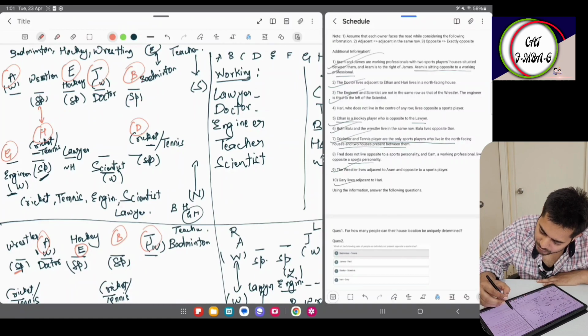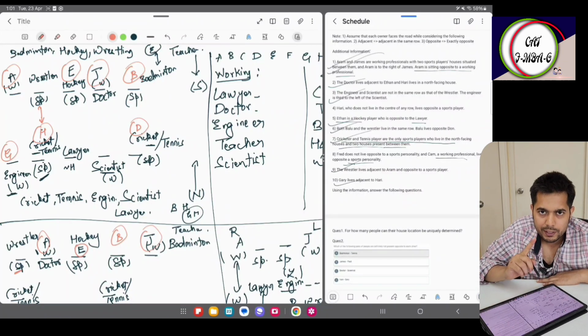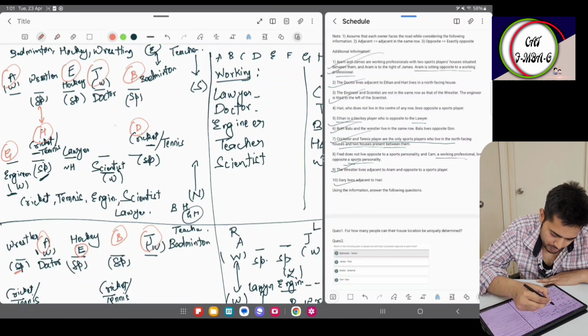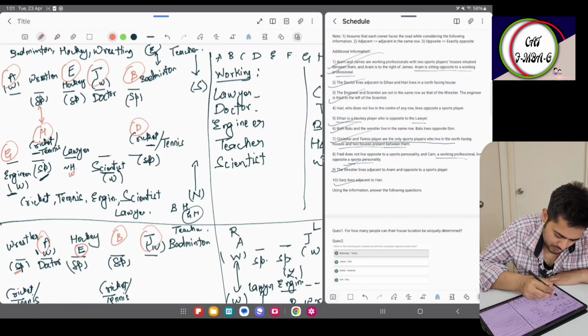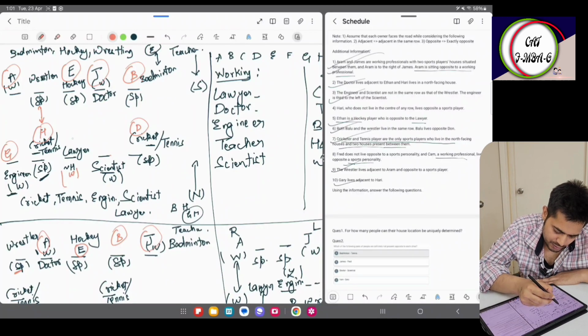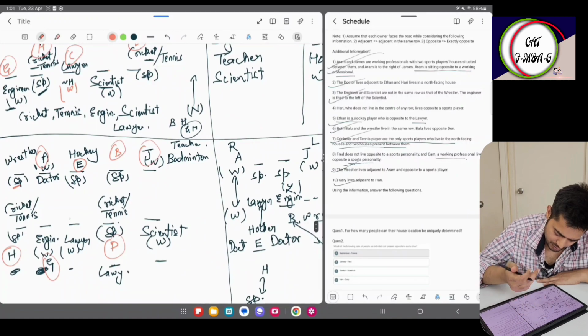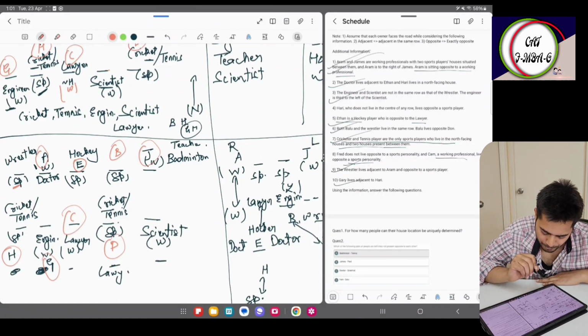This is also done. What else is given? Cam is a working professional, lives opposite a sports player. So working person opposite a sports player. Where the condition is here, working opposite sports. This is working. So yeah, this condition is here. Cam opposite a sports player. Similarly, this is here, Cam opposite a sports player, working.